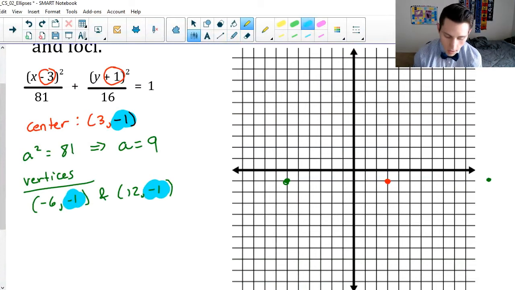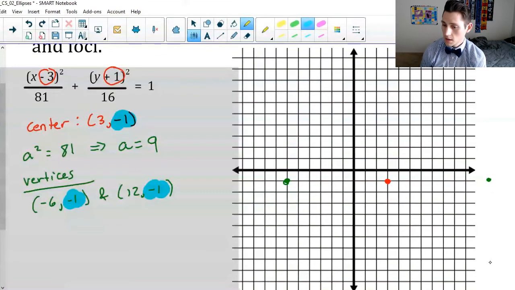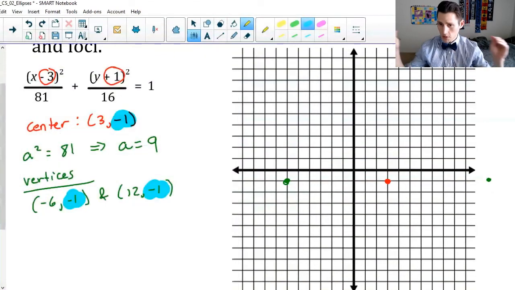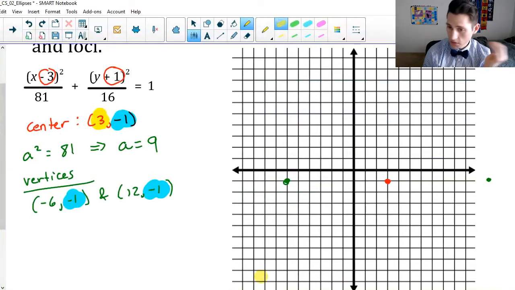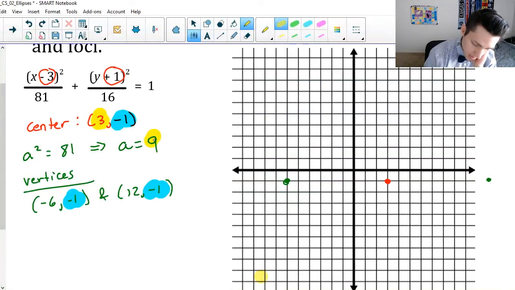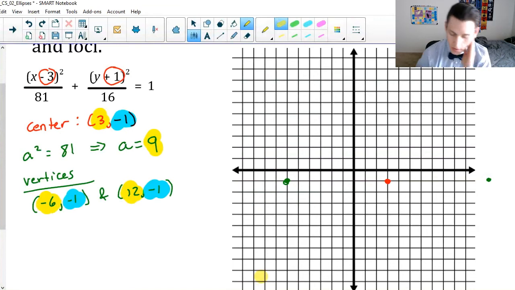Since this is a horizontal ellipse, then the vertices will be across left to right. So we don't need to change the y value there. But we do need to change the x value. We're moving left and right. So we take this 9, we take 3, and we add 9 to get 12. 3 minus 9 to get -6.